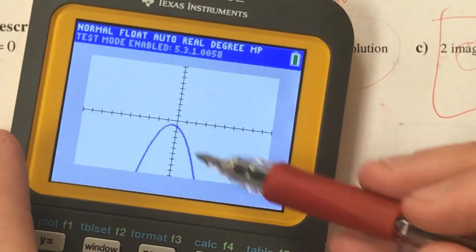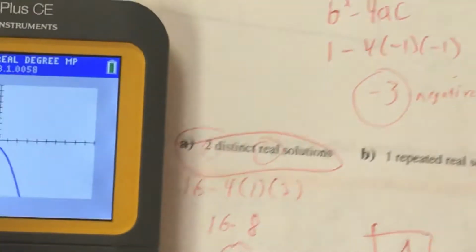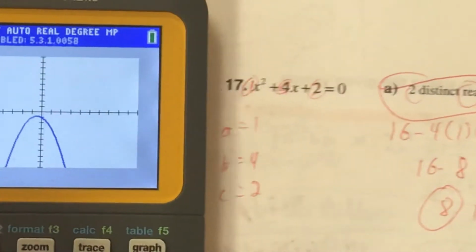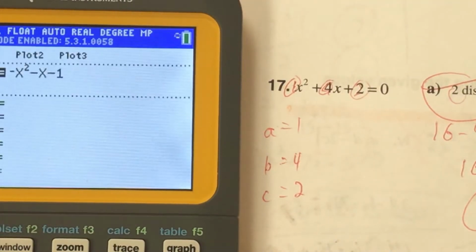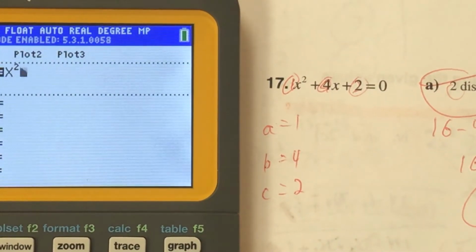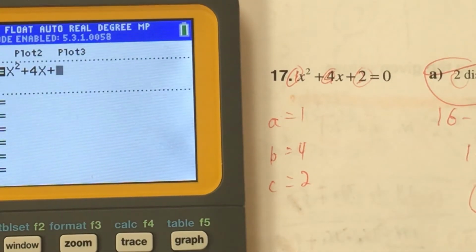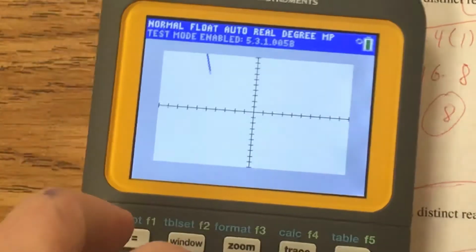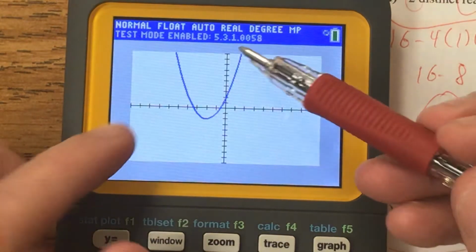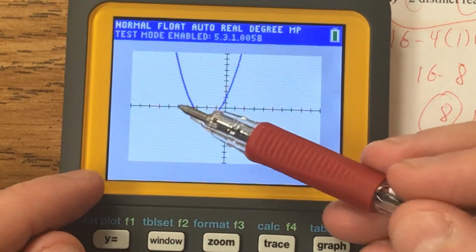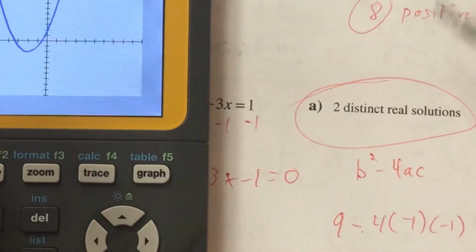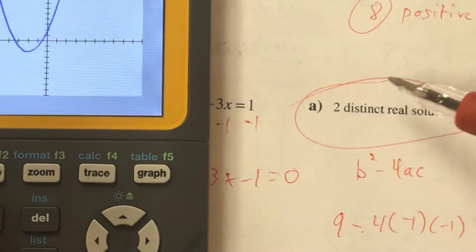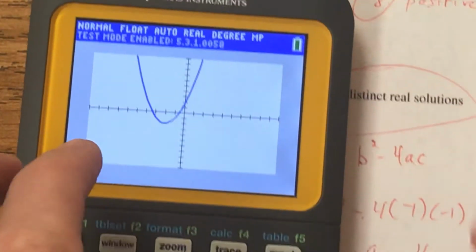If there's no intercepts, then it's 2 imaginary solutions. If I went to this next one and typed it in, x squared plus 4x plus 2, and graph it, this one should go through it twice. Sure enough, there you go. 1, 2. 2 real solutions.